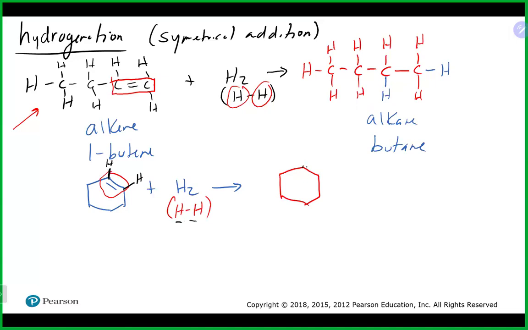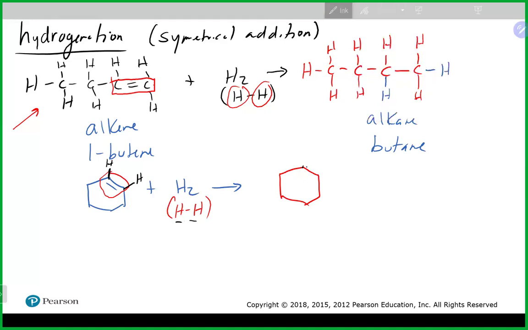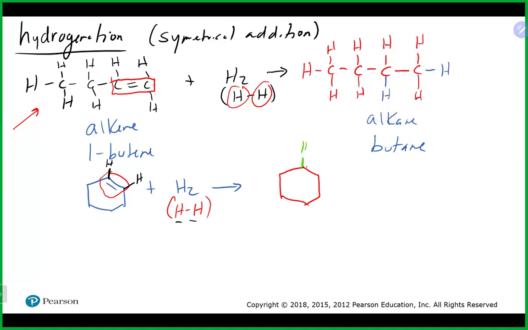So I'll do it in maybe a different color here. We'll put a hydrogen here and a hydrogen there. On this one you honestly don't need to actually draw the hydrogens because it's a line structure, so you could just draw the ring and you would be fine in this particular case, but nothing else changes.